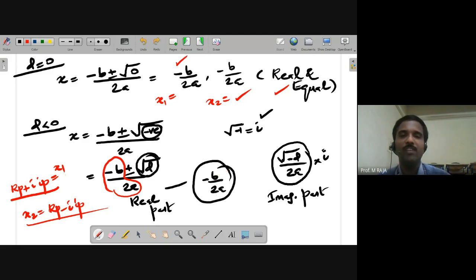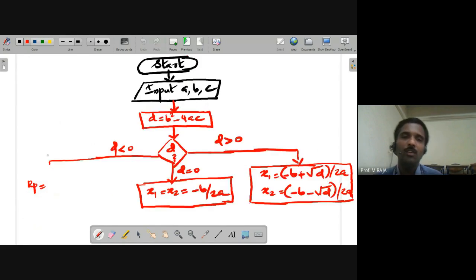Separately, we are trying to evaluate. Or you can write minus b by 2a plus i into square root of minus d by 2a, right? No problem. That is also a correct one. That is x1. Then you can write x2 is equal to minus b by 2a minus i into square root of minus d by 2a.